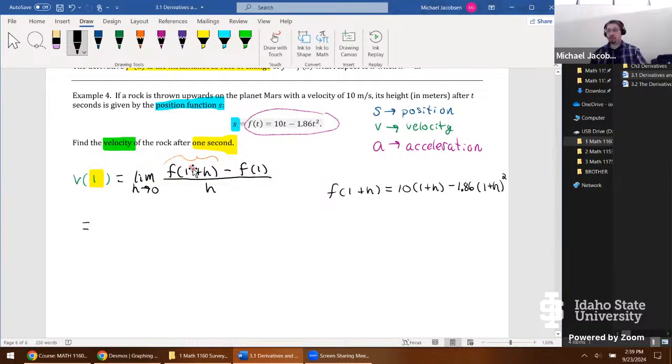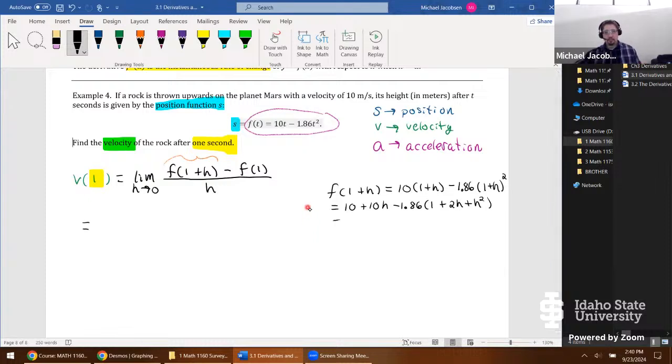So that's just this portion right here in orange. Working this out, it's going to turn into 10 plus 10h minus 1.86 multiplying. When we FOIL out a perfect square polynomial like that one, it turns into 1 plus 2h plus h squared. So looks like we want to distribute through and then start collecting our like terms.